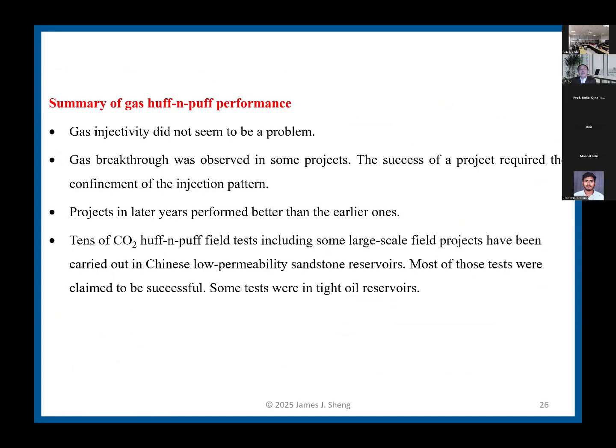Okay, here's the detailed summary from these projects I have surveyed. Gas injectivity does not seem to be a problem. In the field projects, although we mentioned shale reservoir is very tight, right, maybe it is difficult for gas to be injected because permeability is too low, but field projects show injectivity is okay. The problem is gas breakthrough was observed, as I mentioned.